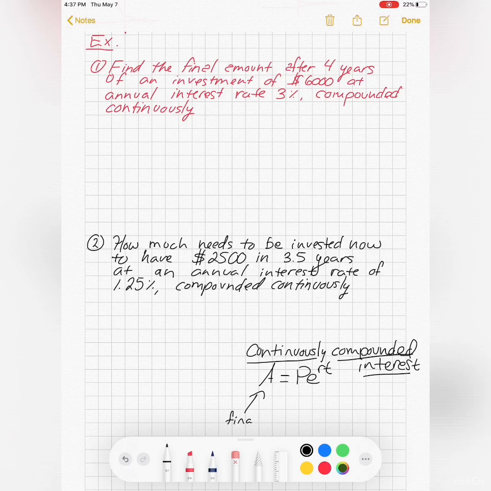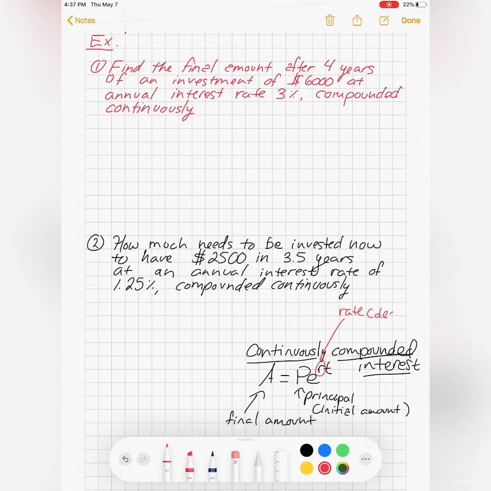And so the A is the final amount. The P is the principal, the initial amount. The R is the rate.